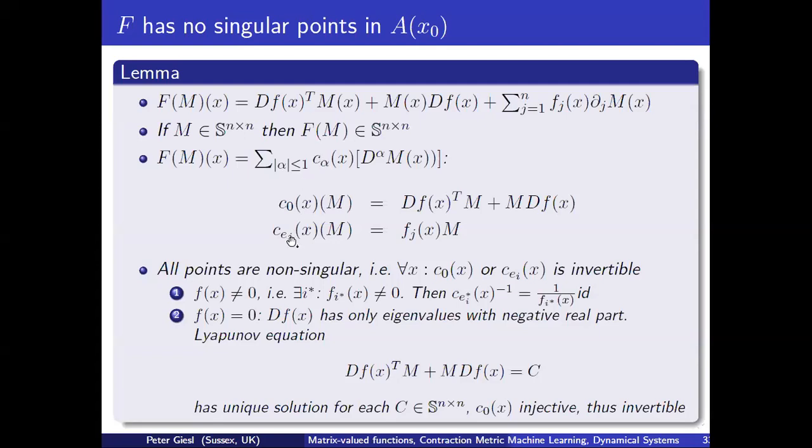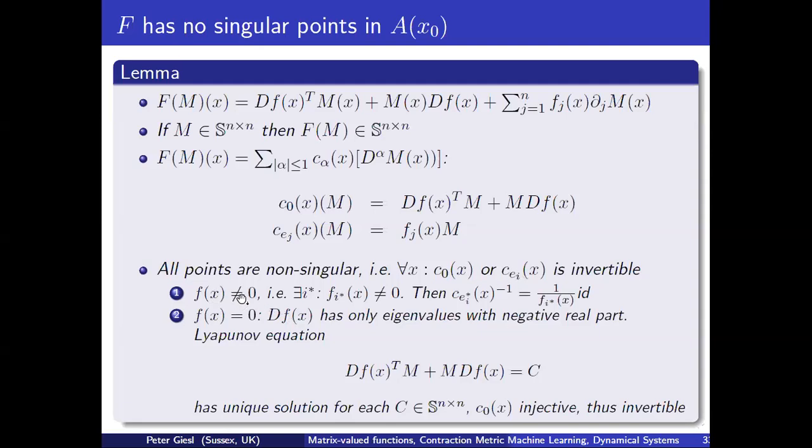And C e_j are the first order contributions where the derivative of m comes in. And we can see all points are non-singular because either C naught or one of the C e_j must be invertible.